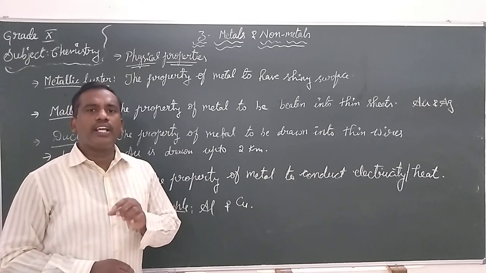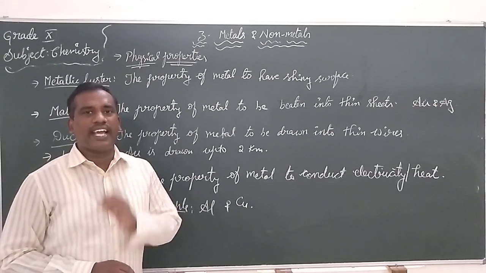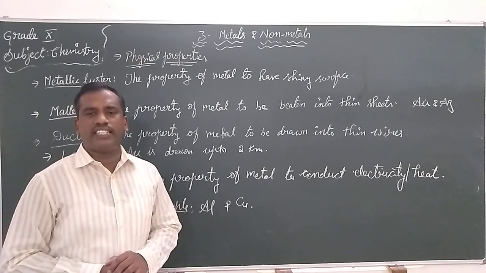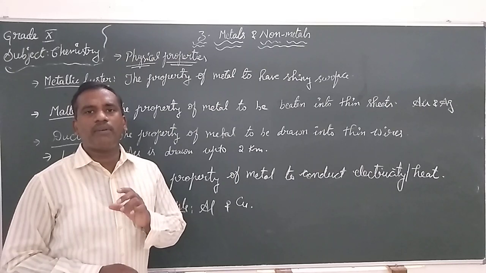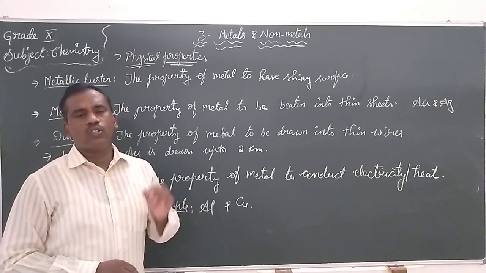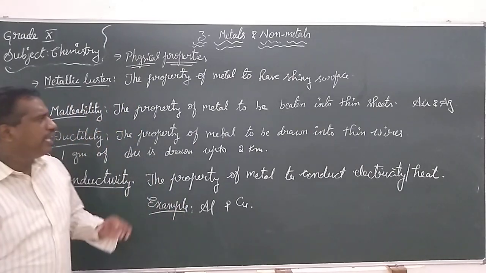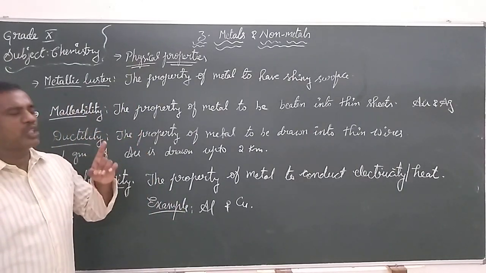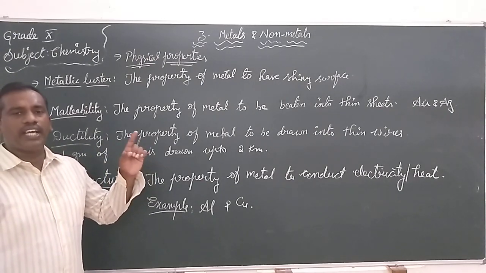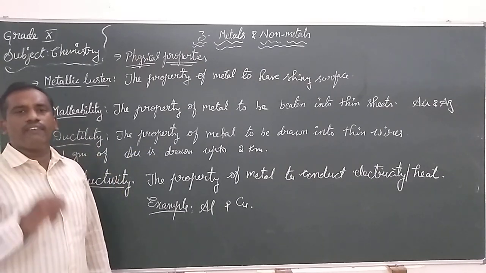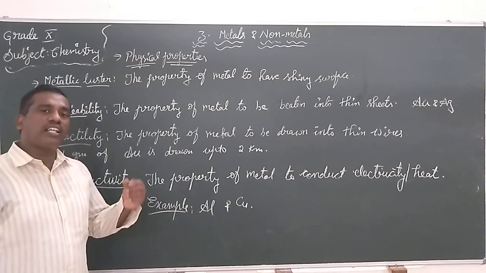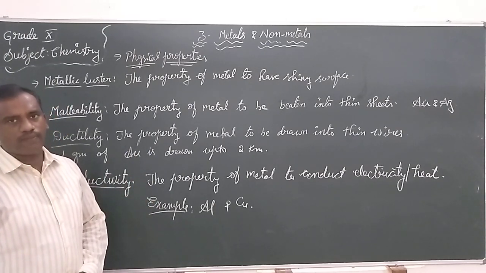Because gold can be beaten into sheets of very thin size. Even gold and silver can be beaten into thin sheets. So malleability is the property of a metal to be beaten into thin sheets. Example, silver and gold. Even iron is beaten into sheets, but better than iron, we can make gold and silver further thin.